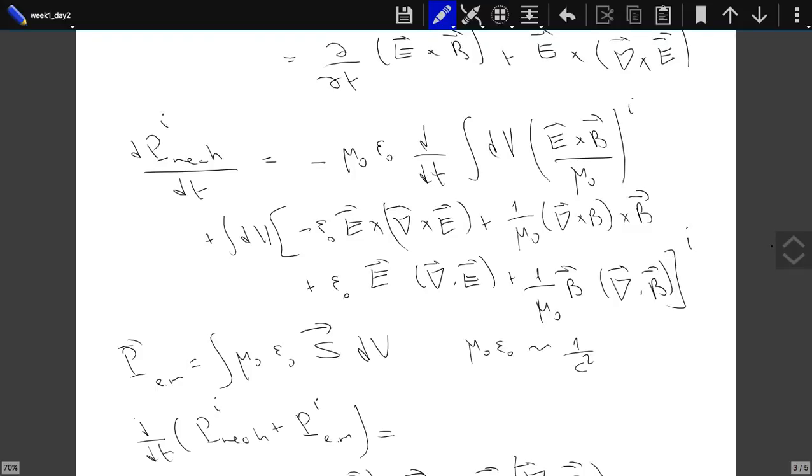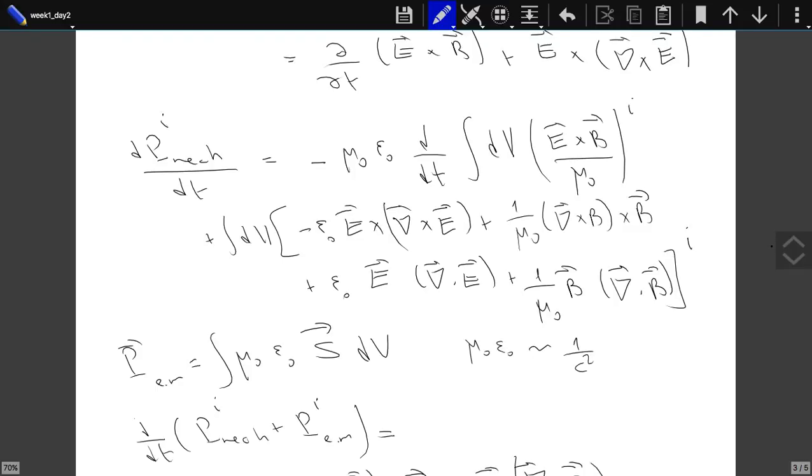But this system also has linear momentum. It has a linear momentum density, and as my system is changing, that linear momentum density is also changing. So if I am to claim that linear momentum is conserved, that change should be due to the flow of this linear momentum. And this flow of linear momentum is described by T.